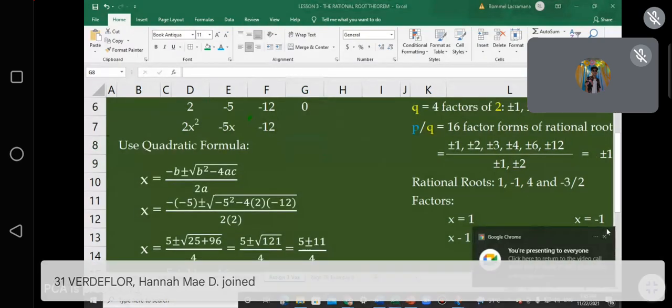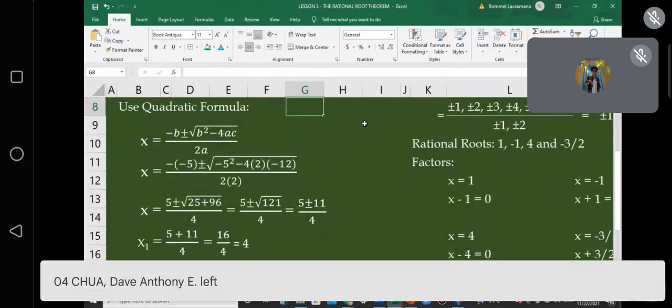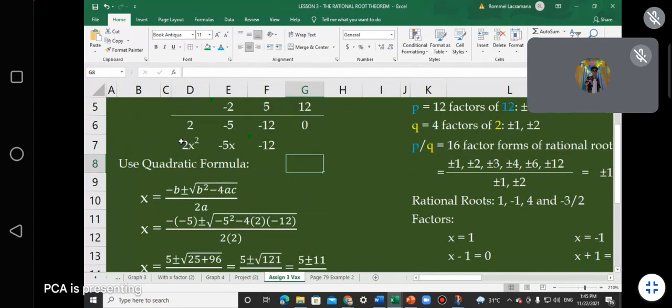So for this one, obviously you've read this. It's giving you 4 and negative 3 over 2. How? The value of A there is 2. The value of B here is negative 5.